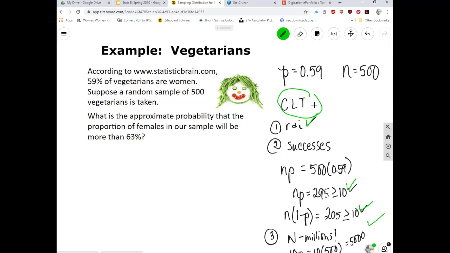Now I need to know the dispersion of that data, the spread of that data on my normal curve. So if I've got my normal curve right here, we can already assume that this thing is going to be normal. I know my mean and the median are going to be here in the center.